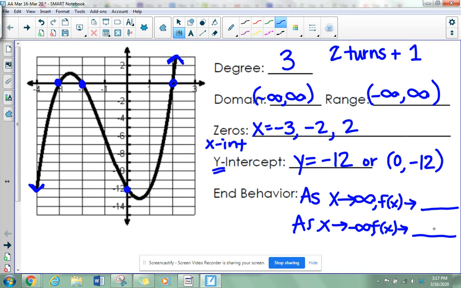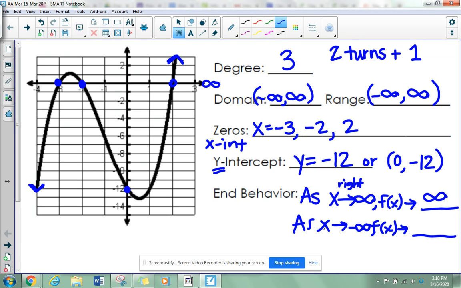These blanks, you're supposed to fill in literally what direction the function is pointing toward. And to know which to put in which one, when it says x approaches positive infinity, well, x is going to positive infinity on the right. So this is talking about literally the right-hand side of the graph. And so I'd say, well, this right-hand side is pointing up, so I'm going to put positive infinity in this blank.